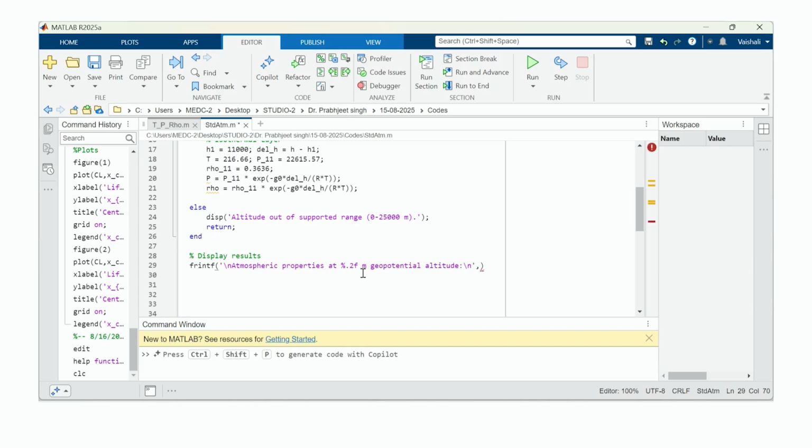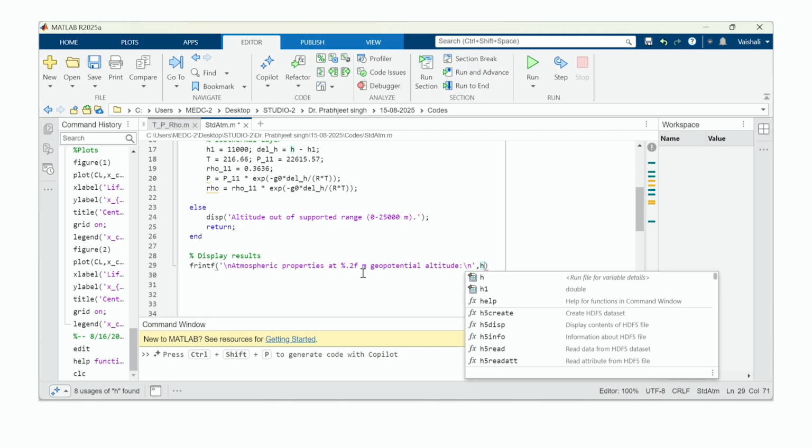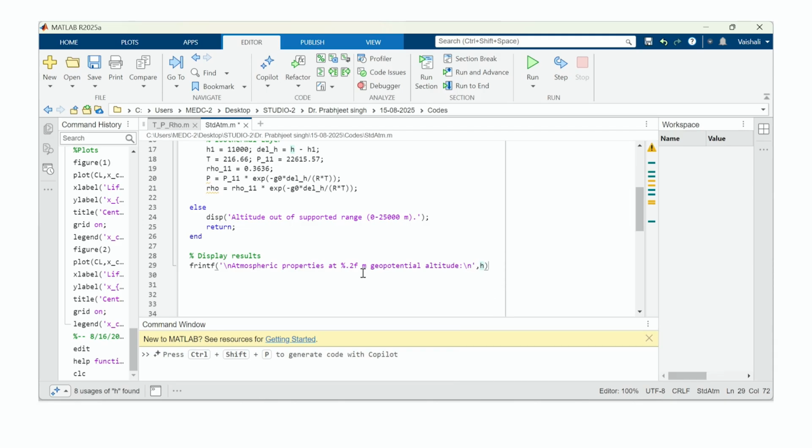Then we have to tell what is the altitude value that we want MATLAB to print, that is the altitude. Next fprintf, again the same. Now I will be writing the temperature.